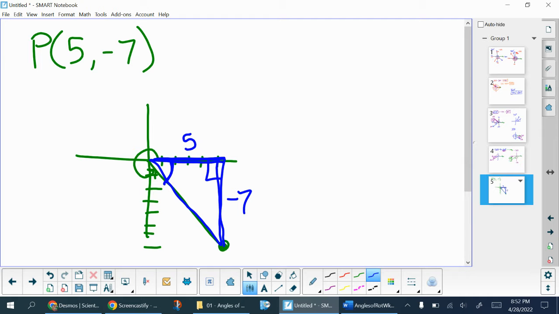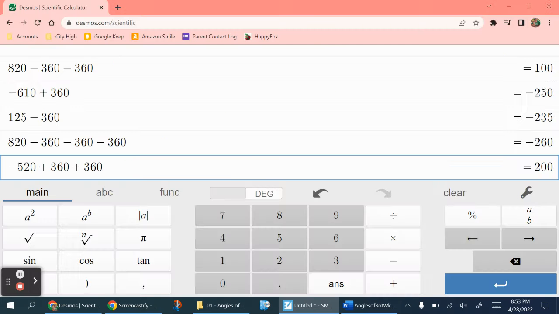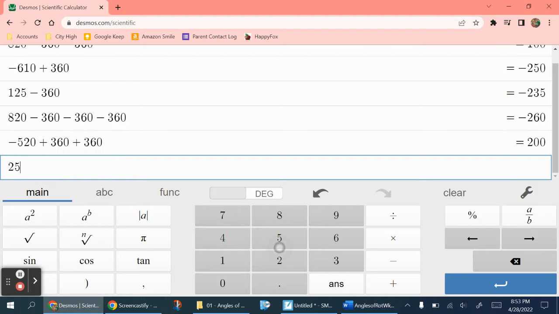So that's the adjacent side, and that's the opposite side. We just need to find the hypotenuse by using the Pythagorean theorem. 5 squared plus negative 7 squared equals c squared. So I've got 25 plus 49. This is where I stop and say, just use a calculator. So 74.